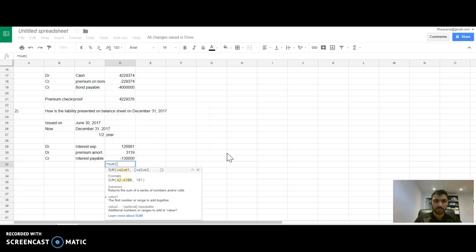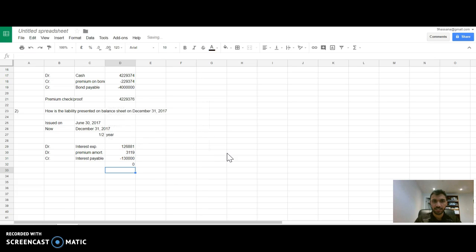And just to make sure that our entry balances and we didn't make a mistake with the pluses and minuses, there's $0 there. So 3,119 is our amortized premium. Our interest expense is 126,881, and the cash interest that we would have had to pay would be 130,000. The reason it's not cash and it's payable is because interest is paid annually in this case.